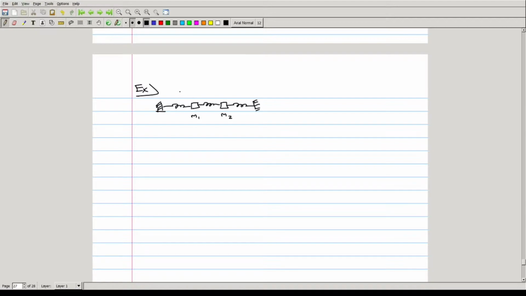So we'll assume that initially this is at equilibrium. So when this is at equilibrium, we can find the equilibrium point and measure from the equilibrium point for each one of these masses.